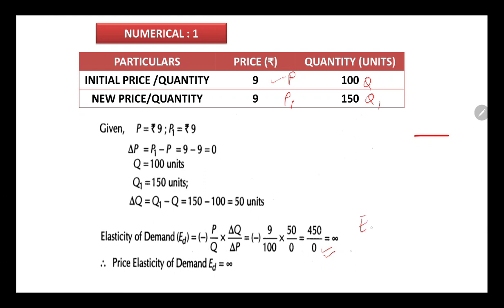So elasticity is coming out to be infinite, the reason being there is no change in the price. Whenever you do 9 minus 9, this change in price, which is in the denominator, you will get elasticity as infinite. So what does it signify? It simply says that we have a perfectly elastic demand curve, right?